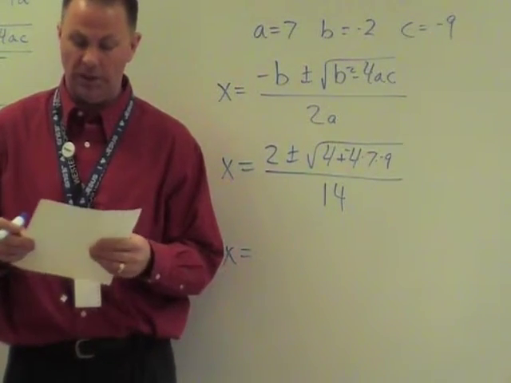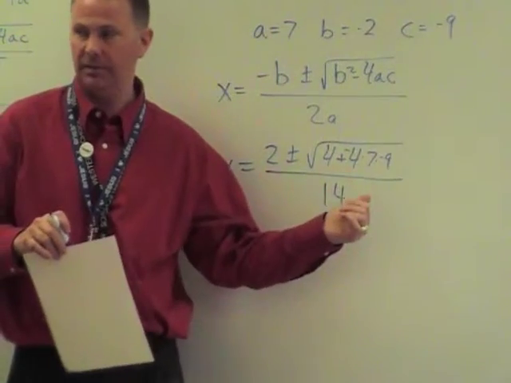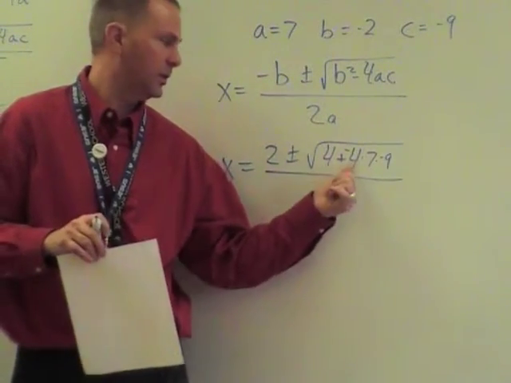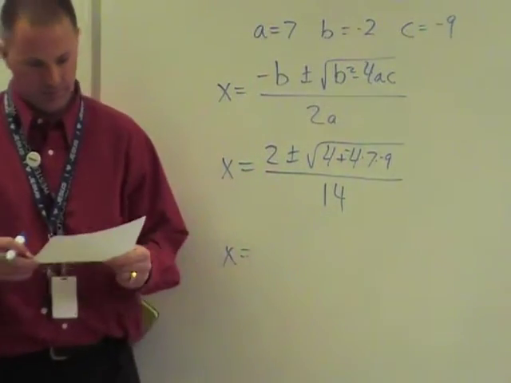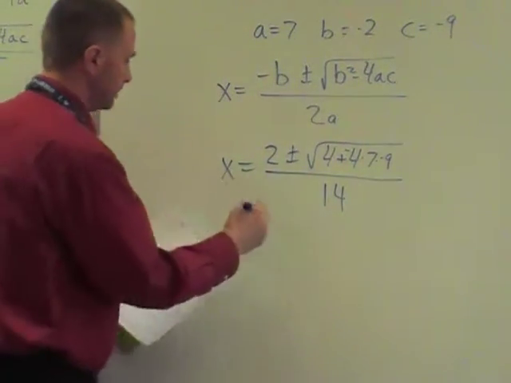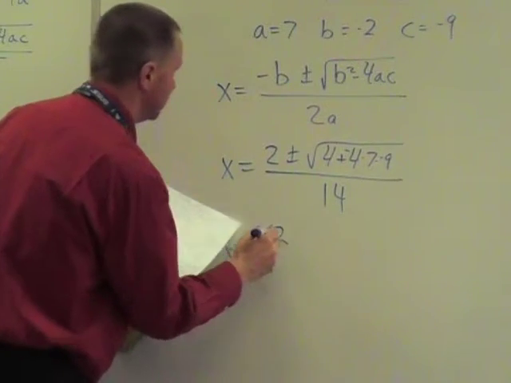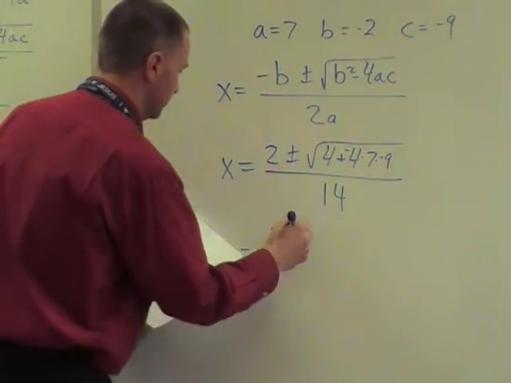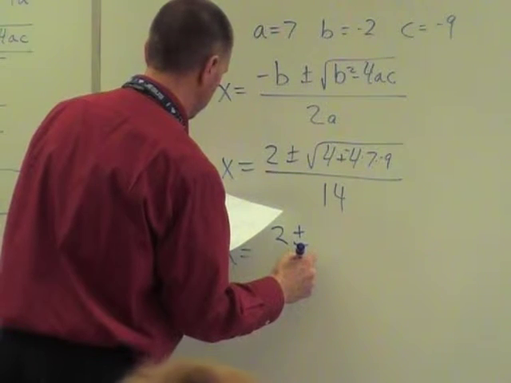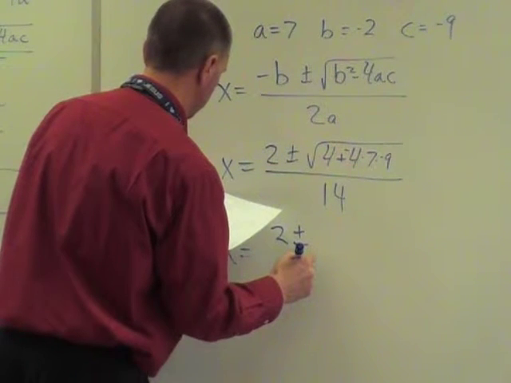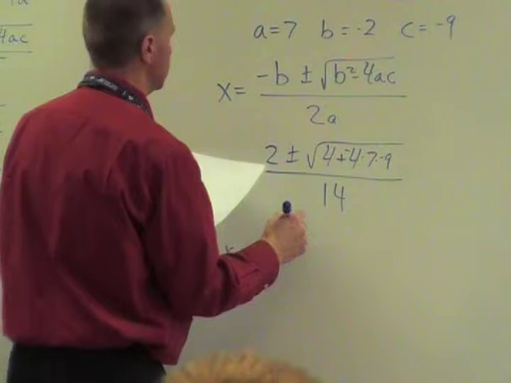Somebody tell me what 4 times 7 times 9 is. Negative 252. Oh, never mind. That's right.